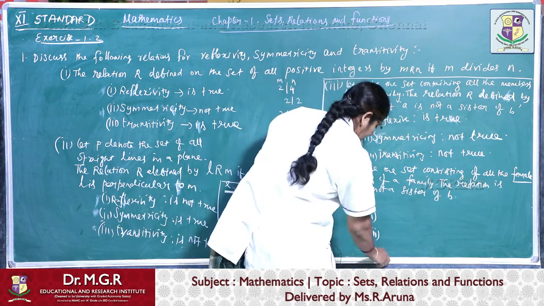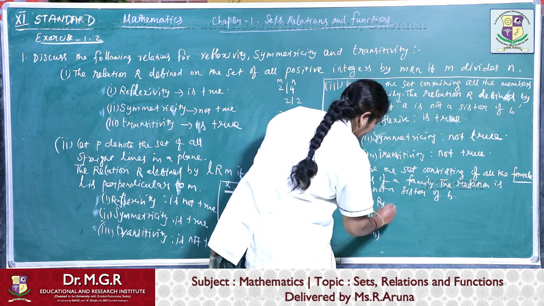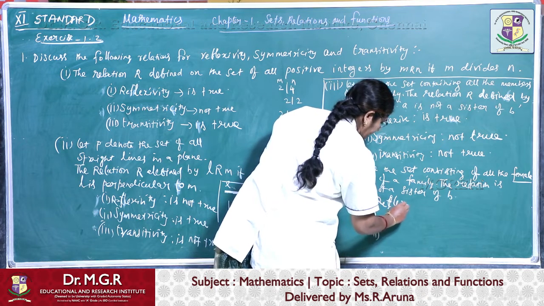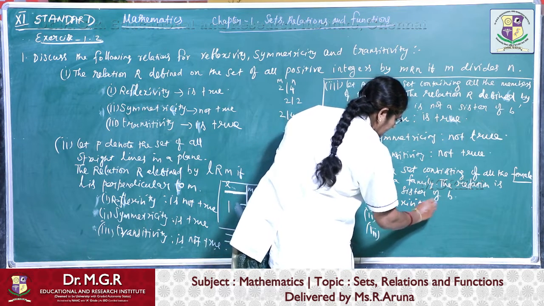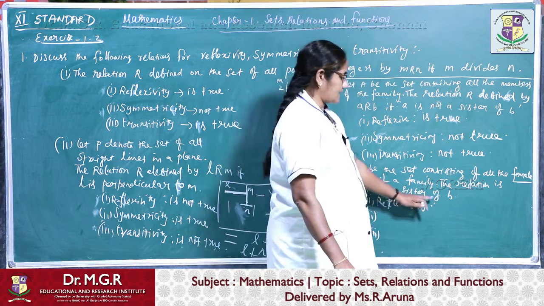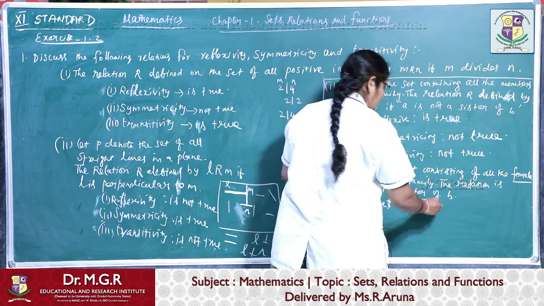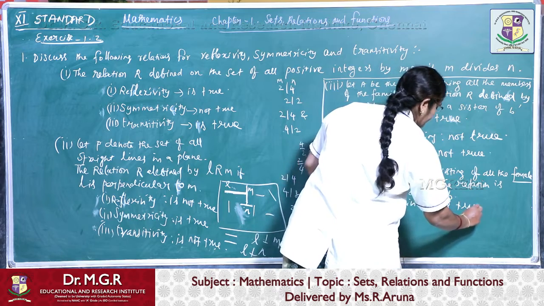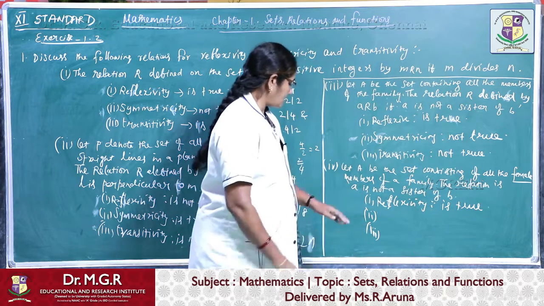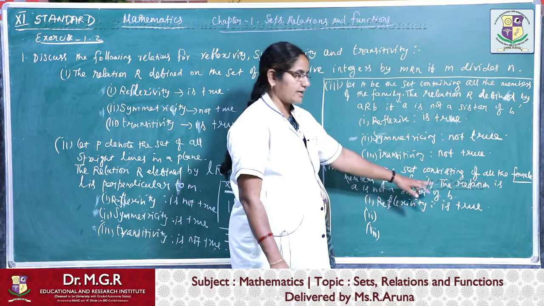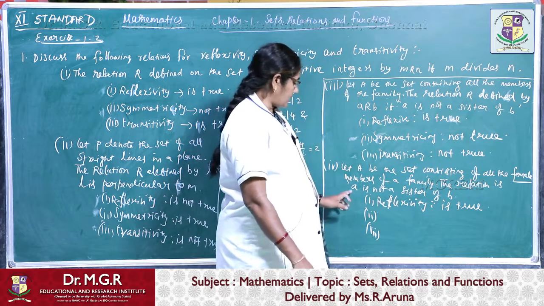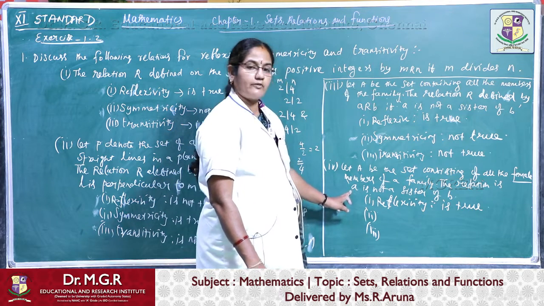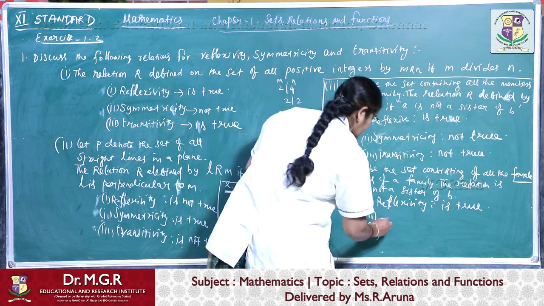In the same way, what is reflexivity? A is not a sister of A. That is true. One person cannot be a sister of the same person. Next, if A is not a sister of B, then B is also not a sister of A. It is also true.